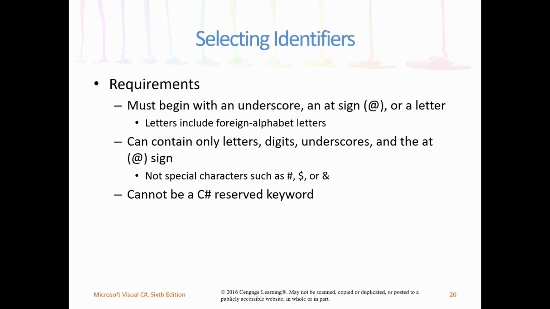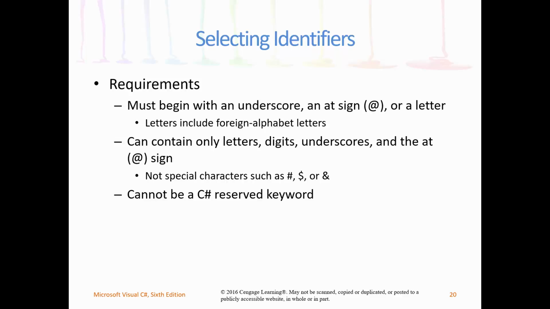When you name a method, or when you name a class, or when you name a variable, something that you have named, you are creating what's called an identifier. Identifiers must begin with either an underscore, an @ sign, or a letter. I would recommend just letters.